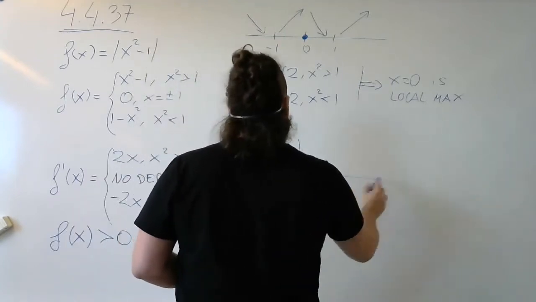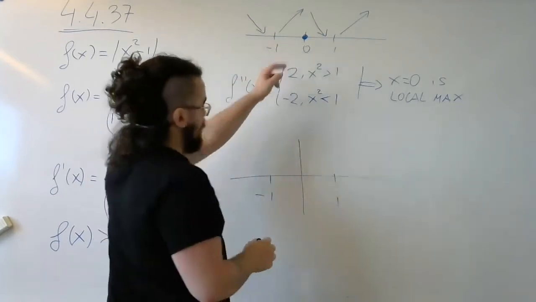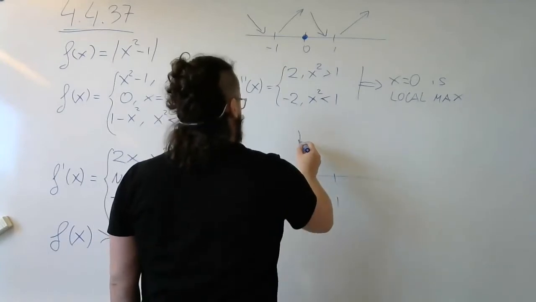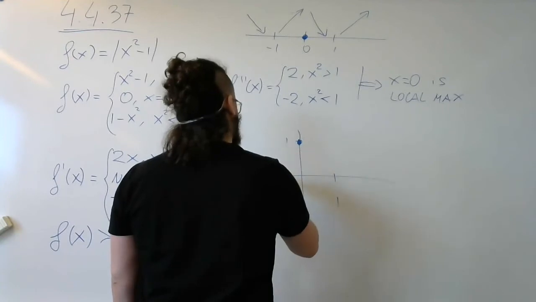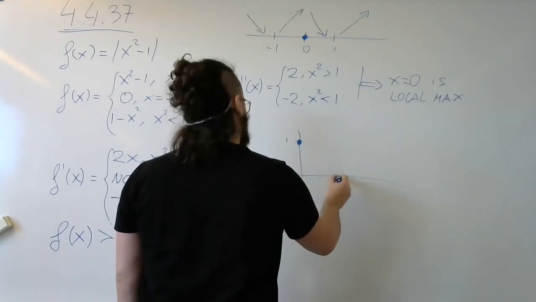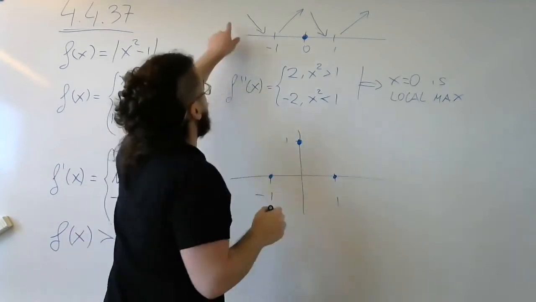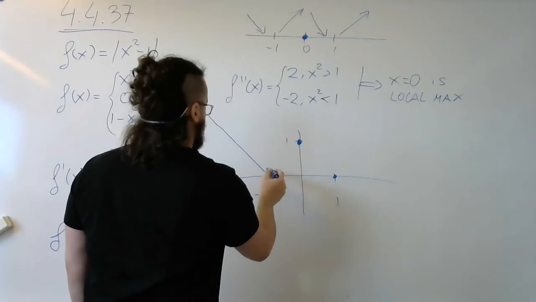Now we can draw the function, because we know what happens in this point. So in this point, this is 1 as well. The function is decreasing, but it's always positive, so it comes from the infinite doing something like this.